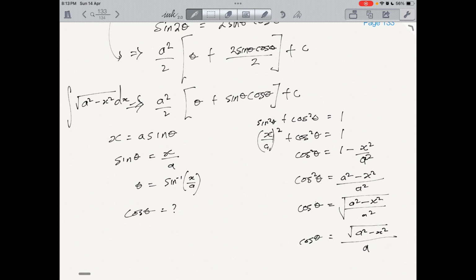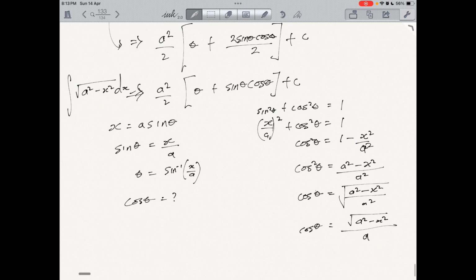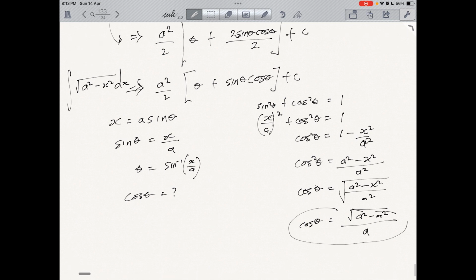Now, we have been able to evaluate what cos theta is. We have also been able to evaluate what sin theta is, and also what theta is. So we can make our substitution, right?